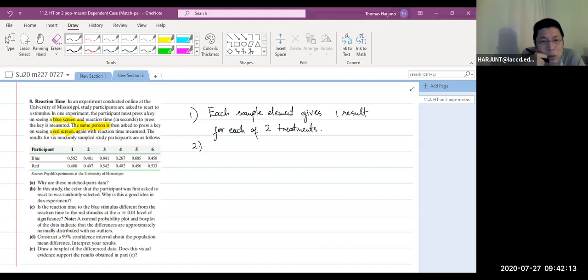Why is this a good idea in this experiment? I don't know. That's not what they say. But yes, I agree that they're supposed to randomize because we want this experiment. From what I read here, they get the blue screen first. Oh, I see.